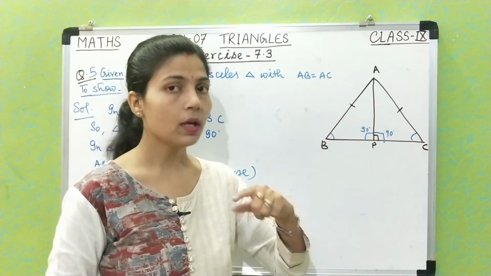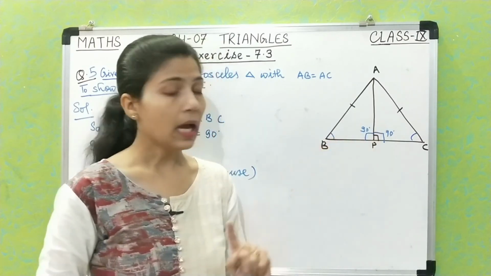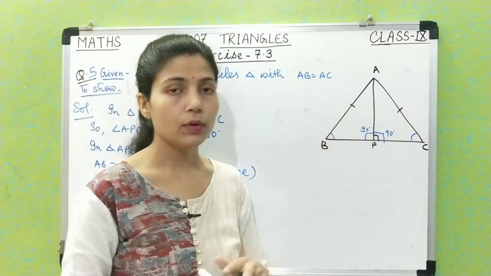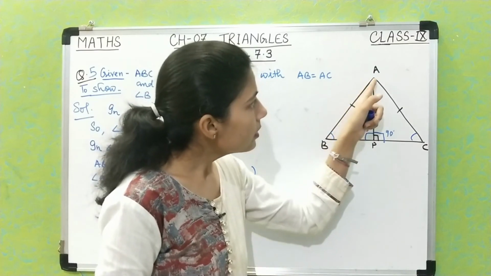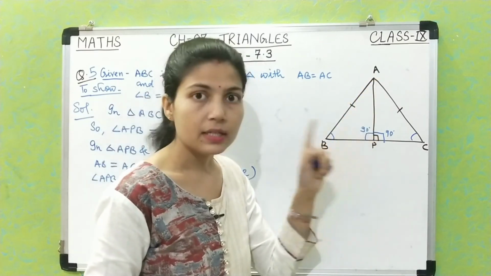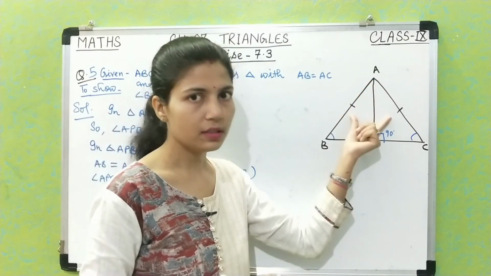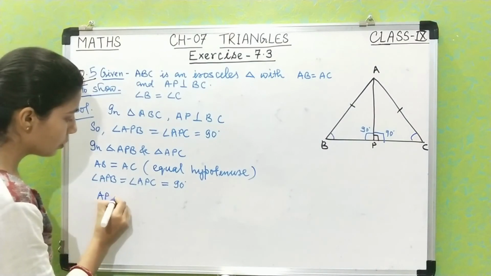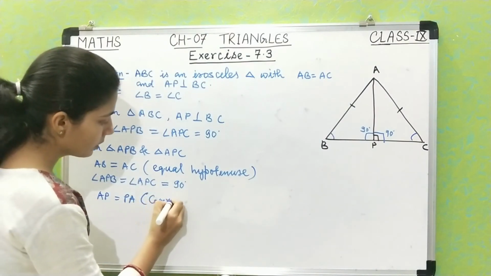For RHS rule, we should have one right angle, so here same here we have, okay, and one hypotenuse. So hypotenuse here also equal and should be one side. So here the side, so see, this perpendicular AP is one of the side of these two triangles and that is common between these triangles. Okay, so AP we can write here AP equals to PA, that is common side.